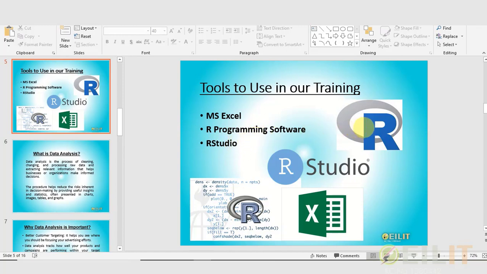So R programming software and R Studio are free software, so you can download them and try as much as you can to identify your operating system and download the tools that are compatible with your operating system.